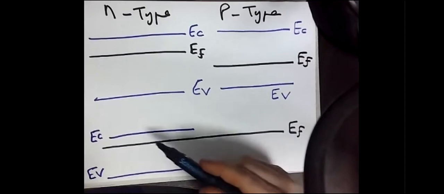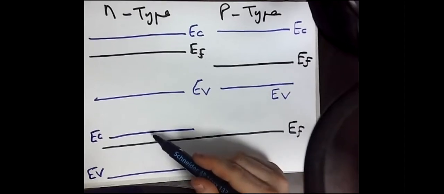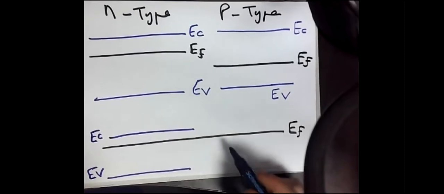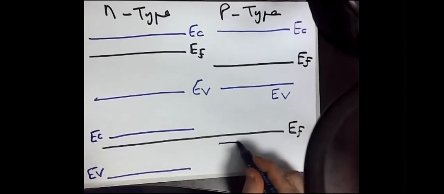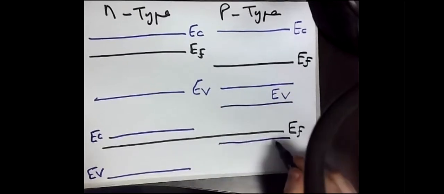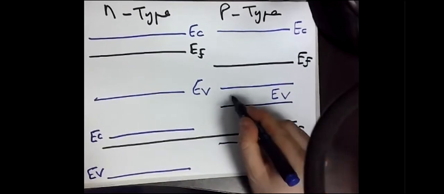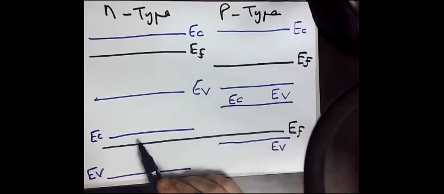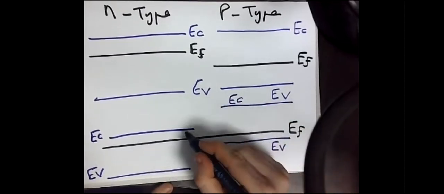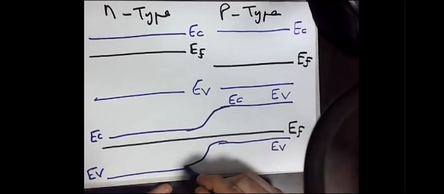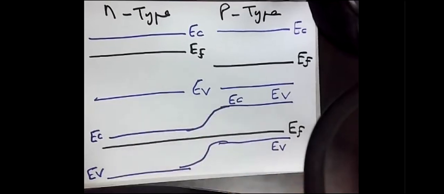As you can see, the Fermi level is closer to the conduction band rather than to the valence band, and vice versa here. This is EV, sorry, and this is EC. Knowing that this is a conduction band and this is a conduction band, these should be linked together. And similarly here. So this is the overall energy band diagram for a p-n junction.